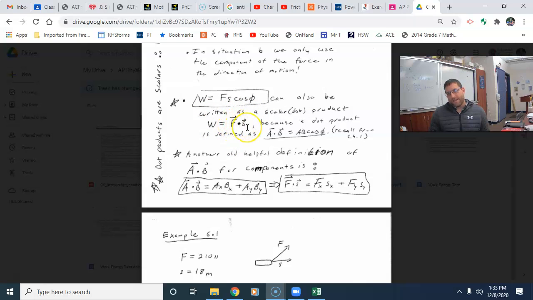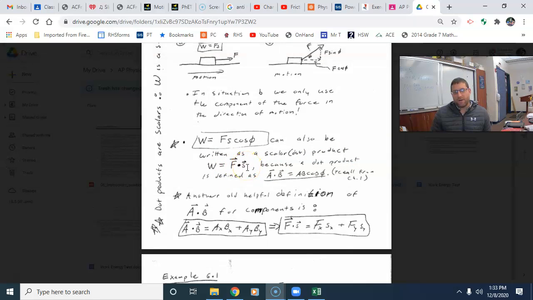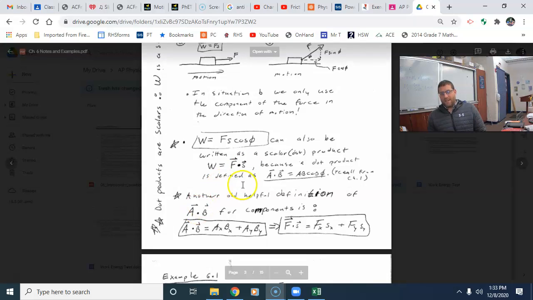F dot S. You might recall that when we learned about generic dot products earlier in the year, we gave it as vectors A and B. A dot B was AB cosine theta, right? That's recalling from chapter 1. Well, F dot S, the dot or scalar product as it was also called, is FS times the cosine of the angle.